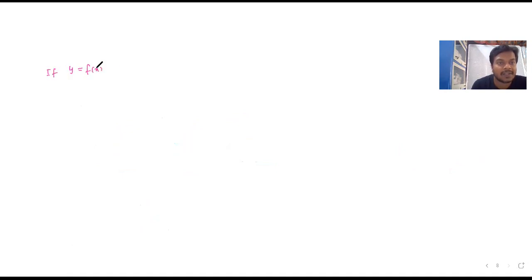Next we will discuss the graph of y equal to modulus of f of mod x. If y equal to f of x is given, then to draw the graph of y equal to modulus of f of mod x, first draw the graph of y equal to f of x.